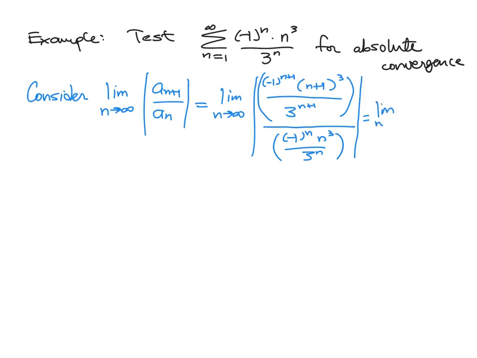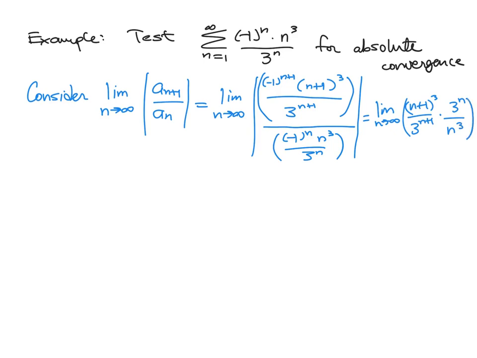So it's the limit as n goes to infinity of, and so I'm going to take this bottom fraction and flip it upside down and multiply. So I'm going to have n plus 1 cubed over 3 to the n plus 1 times, now I'm going to get 3 to the n over n cubed.